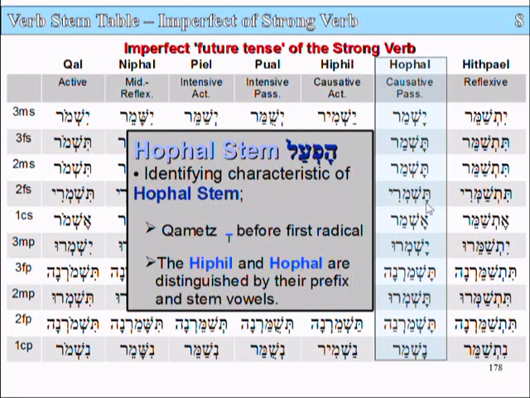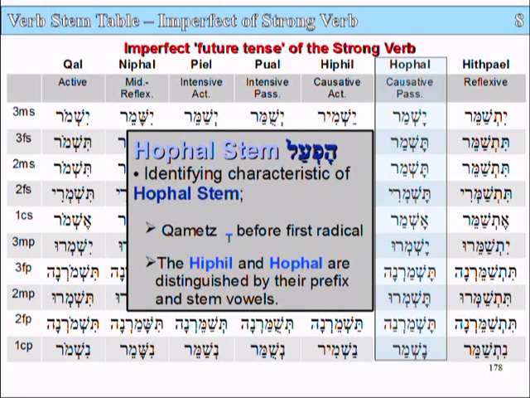So there we go. All of the imperfects are very similar, if not identical, to the kal in terms of consonants, but the vowels are different. So quite different to the perfect, which has very recognizable differences.